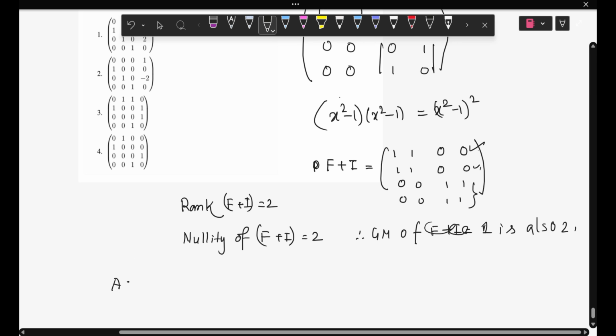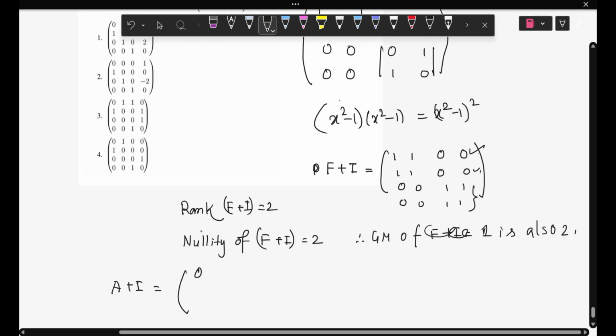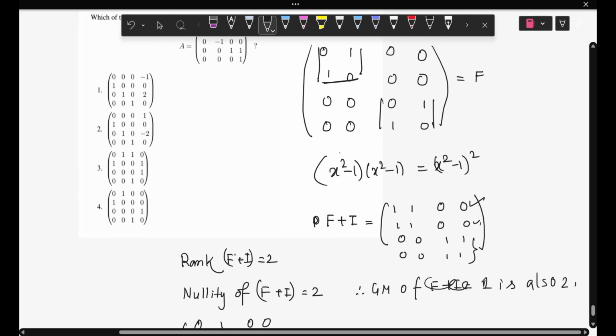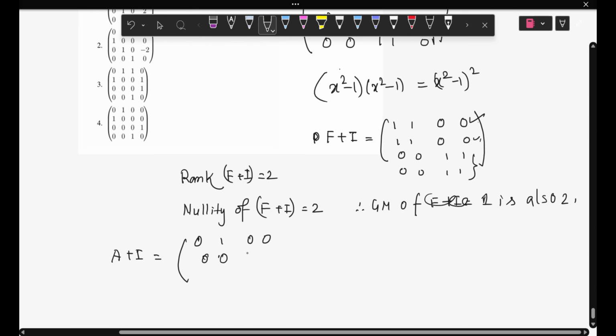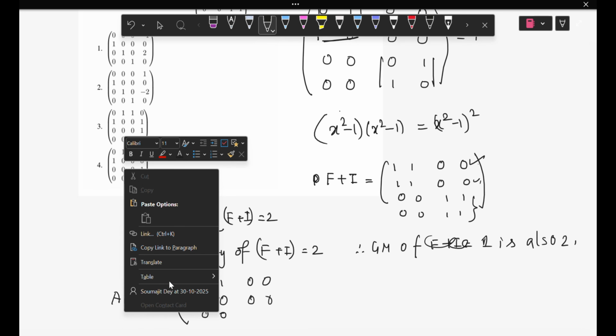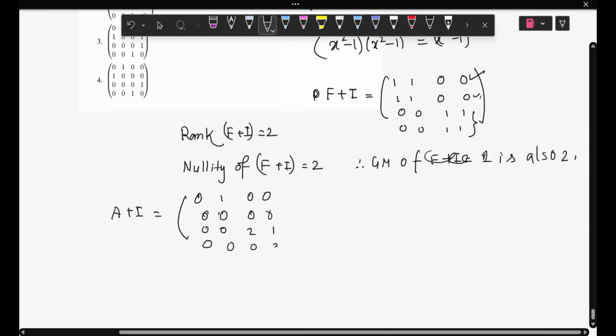If you calculate A plus I, A plus I would be 0 1 0 0 1 0 0 0 0 0 0 0 0 0 0 2 1 0 0 2 1 0 0 0 2.